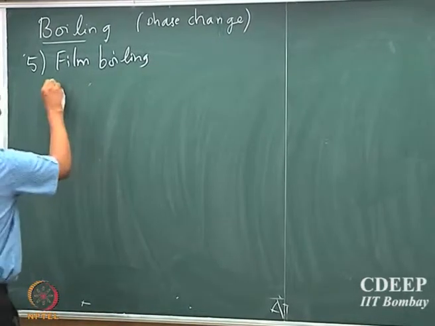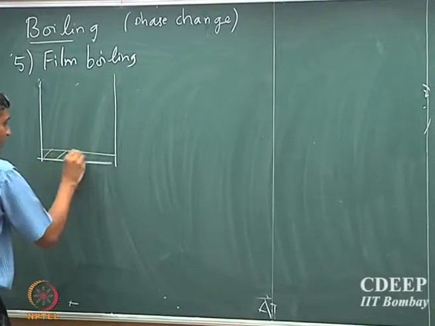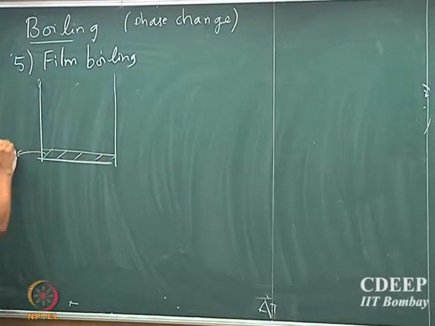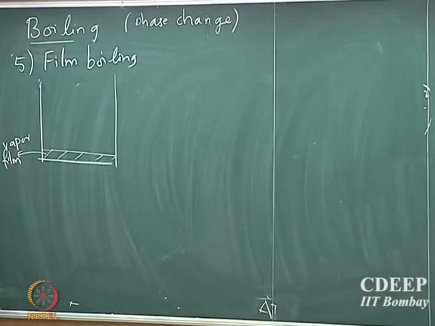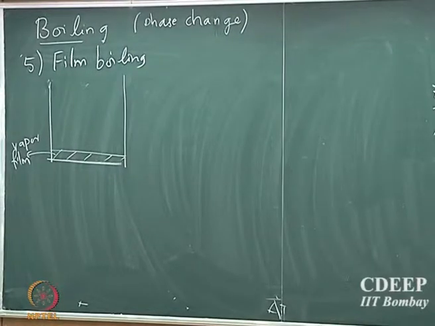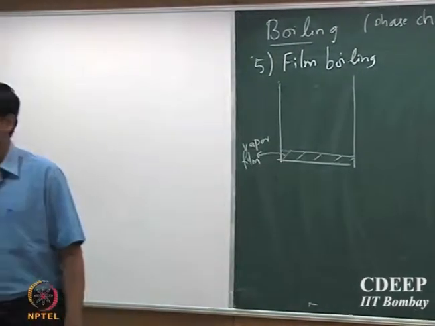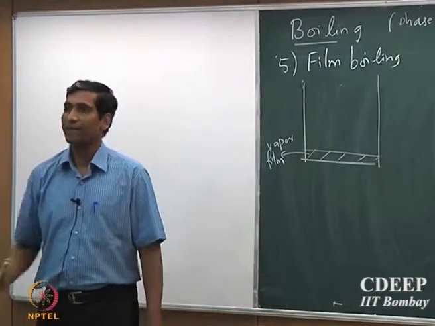So, the bottom of the container is now going to be filled with a vapor film. So, the temperature difference is significantly higher, that any fluid which comes in contact with the bottom surface is going to be instantaneously converted into its vapor state.